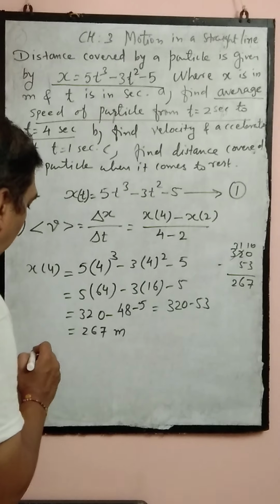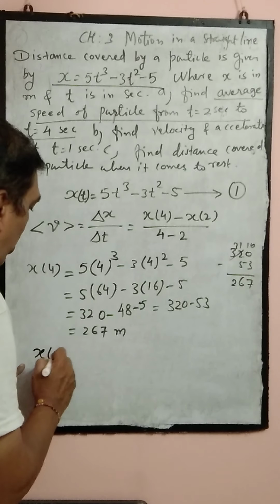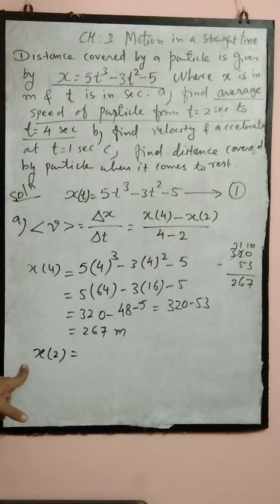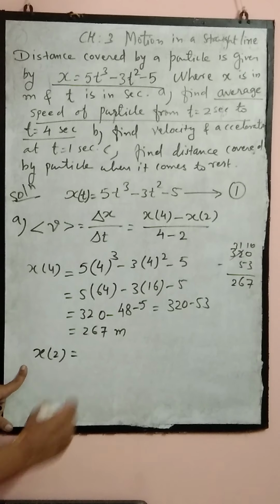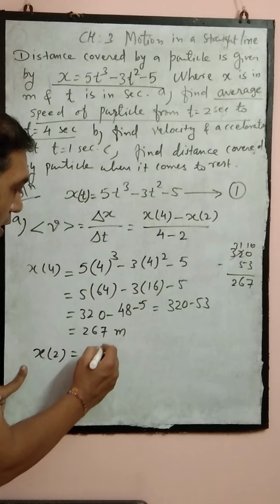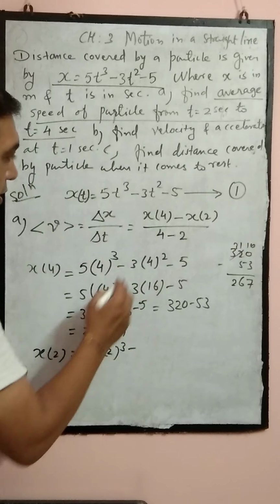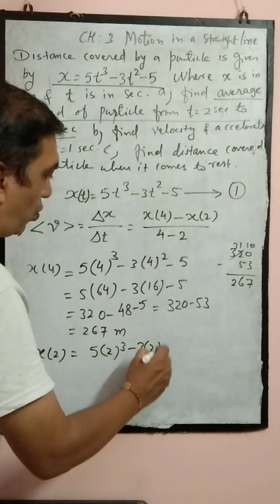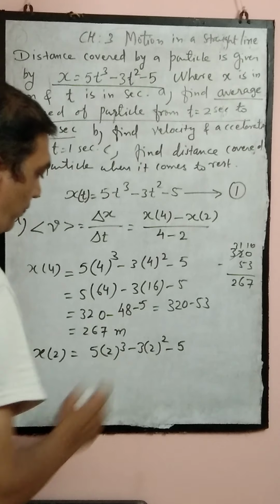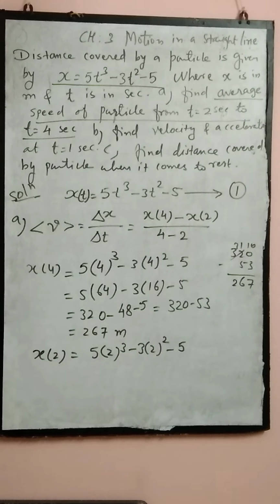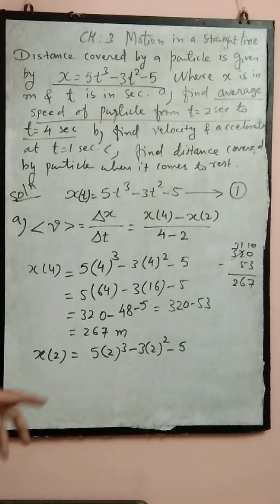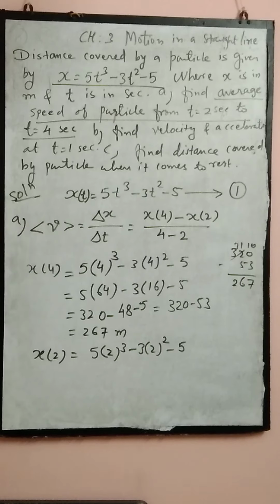Similarly, we can find the position of the particle at t equal to 2 second. So x2 is equal to 5 times 2 cube minus 3 into 2 square minus 5, right? We are just substituting the value of time here in equation number 1.